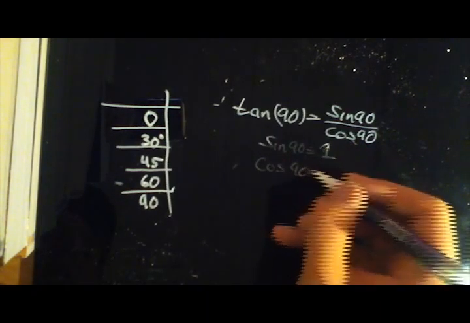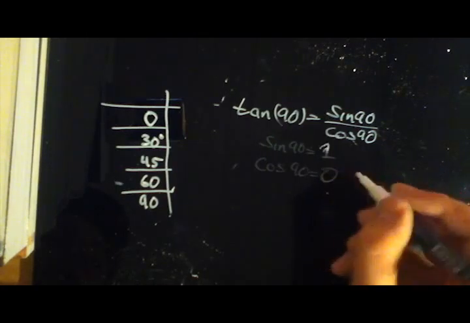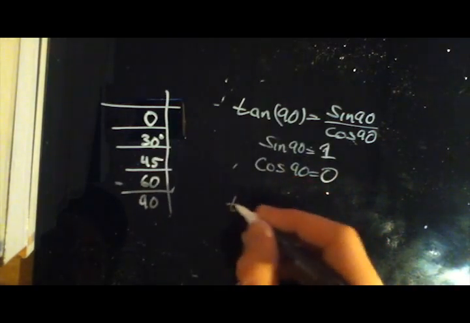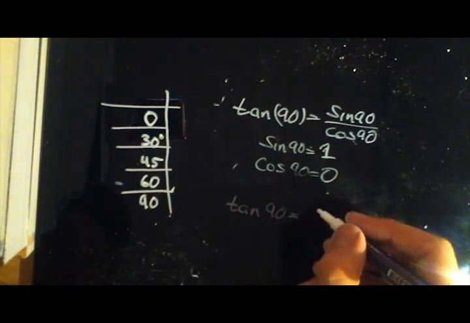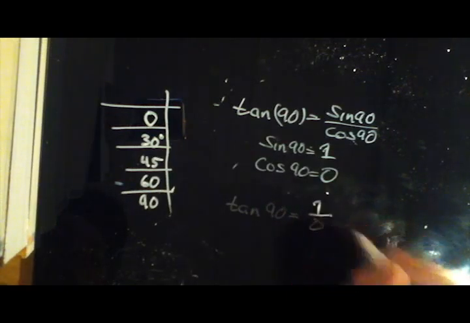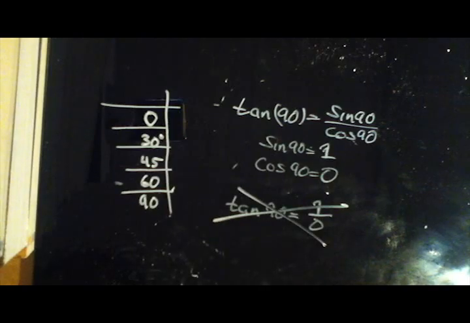Cosine of 90 degrees is 0. So tangent of 90 degrees is 1 over 0. Now you can't divide by 0 in mathematics. This is an error. Doesn't work. So that's basically a tangent.